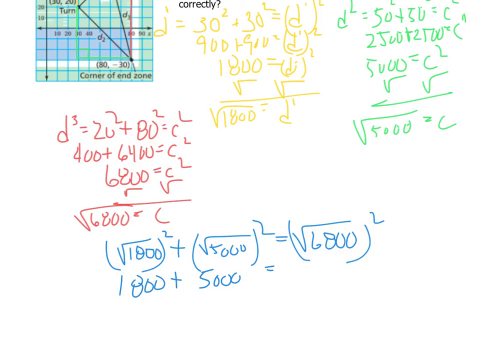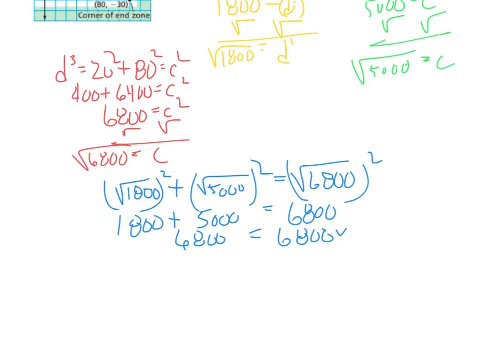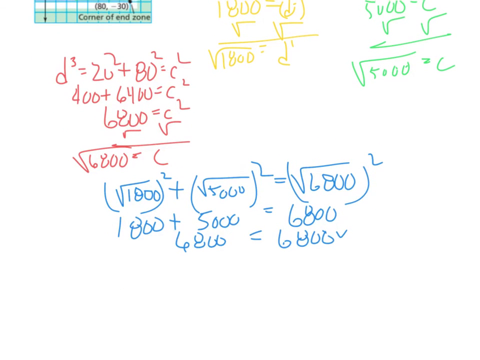They undo each other. So that means I get 6,800 on the right-hand side. And when I add these last two numbers over here, and I think the big thing is if you can keep in mind that the inverse of squaring is square rooting and they undo each other, you don't even need a calculator on this one. So to answer this question, he did run the play correctly.